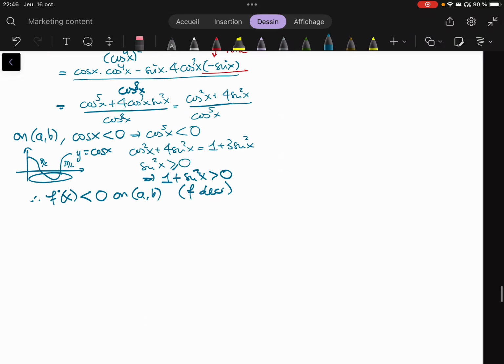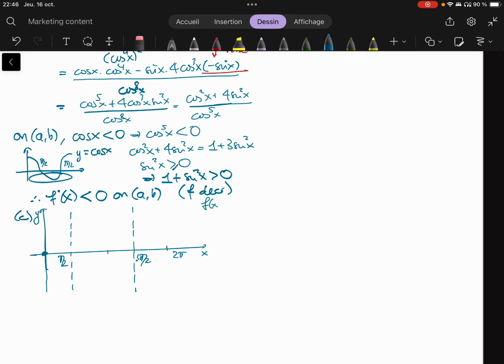Part C. Sketch the graph of f. Pay very close attention to the domain. We know that the graph of f has two vertical asymptotes at pi by 2 and 3 pi by 2. When x is equal to 0, y is equal to 0.